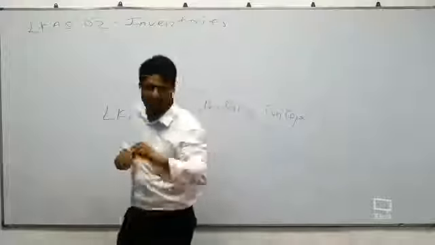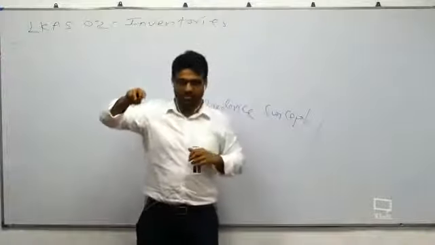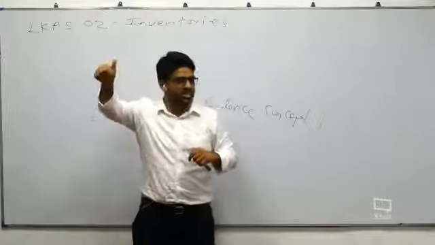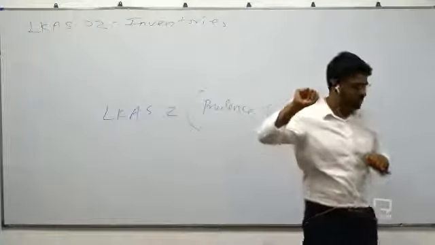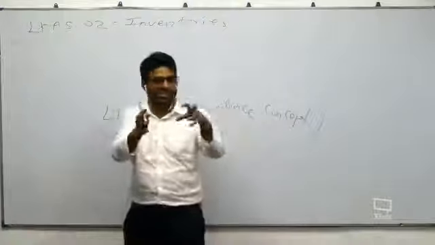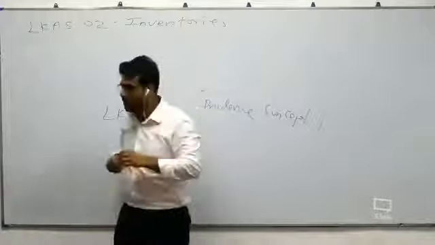Anyone tell me what is included in that 100,000? Three costs are included. We have studied that before. Cost of purchase, cost of conversion, and other costs are included. Very good. Sometimes in exams, they give it all together. Simple. Cost is 100,000.